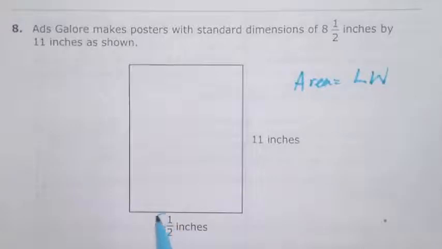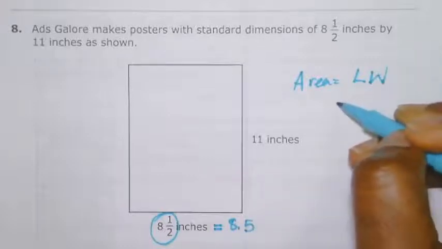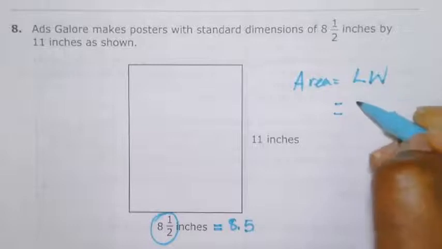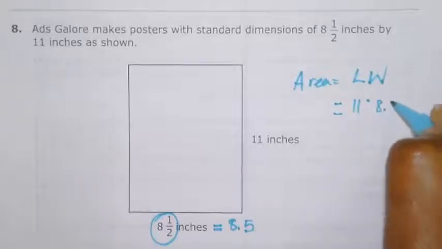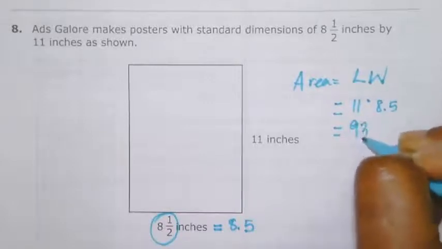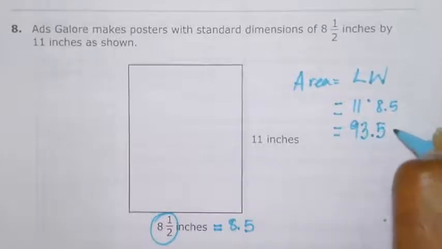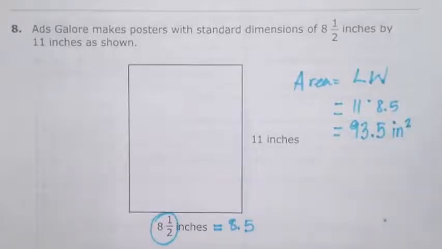In this case we have 8.5 inches as a decimal, so it's going to be 11 times 8.5, which should give us 93.5 inches squared, or squared inches, which is the same thing.